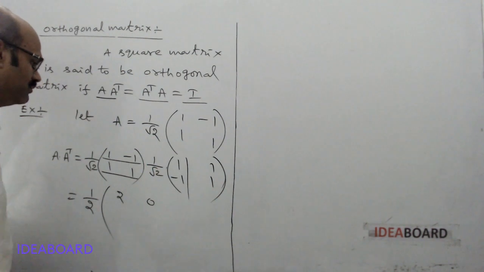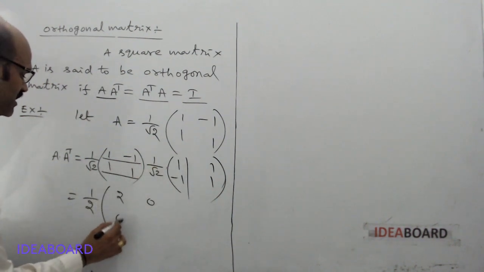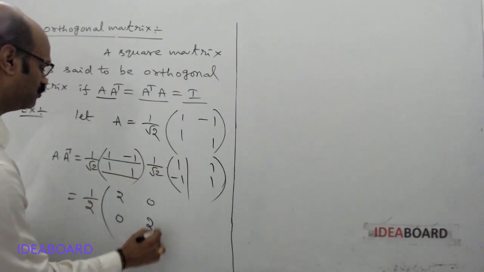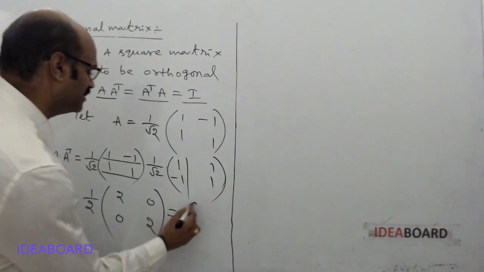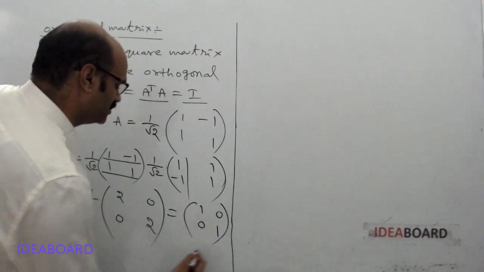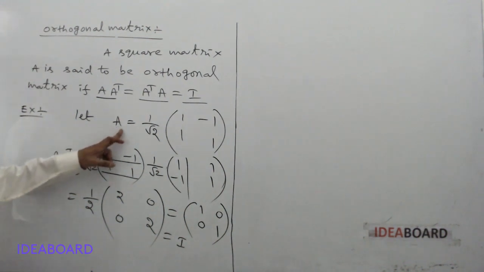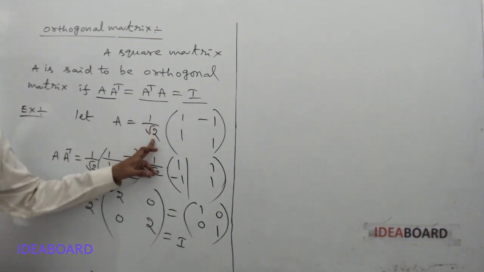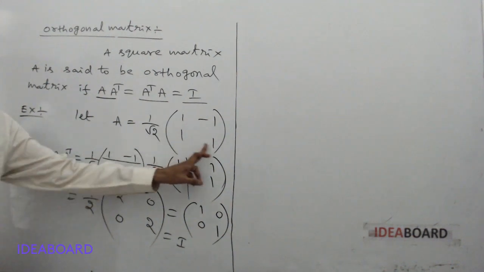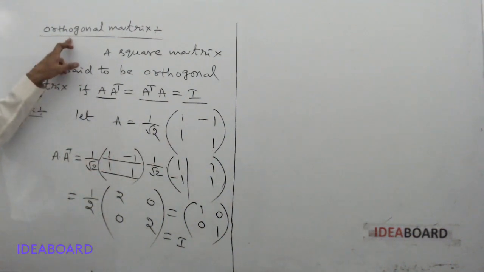Second row into first column, we get 0. Now 2. So we get 1, 0, 0, 1, which is equal to I. So we say that the matrix A equal to 1 by root 2 into 1 minus 1, 1, 1 is said to be an orthogonal matrix.